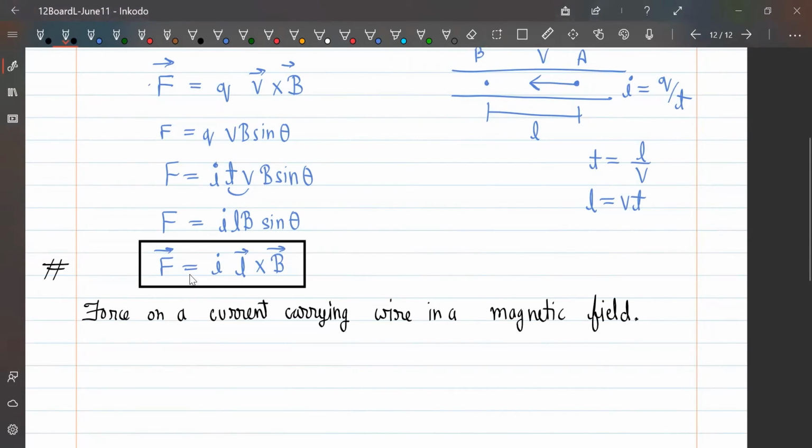So force on a current carrying wire in a magnetic field is given by this formula.